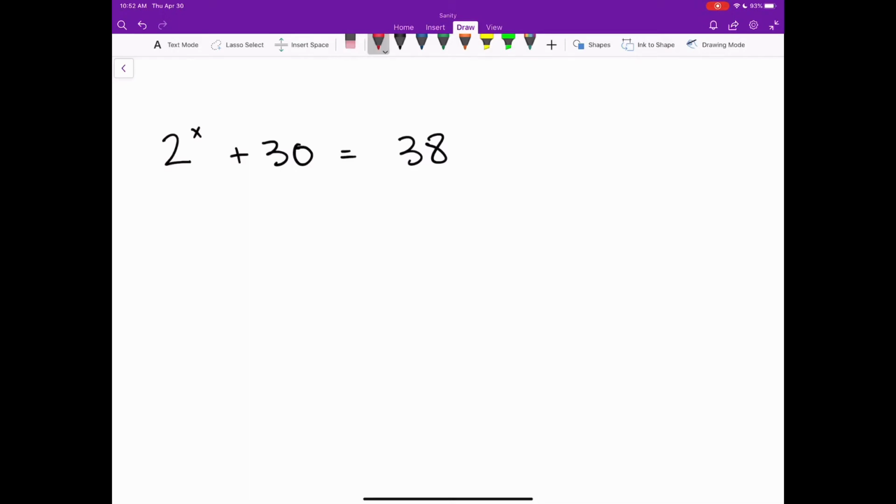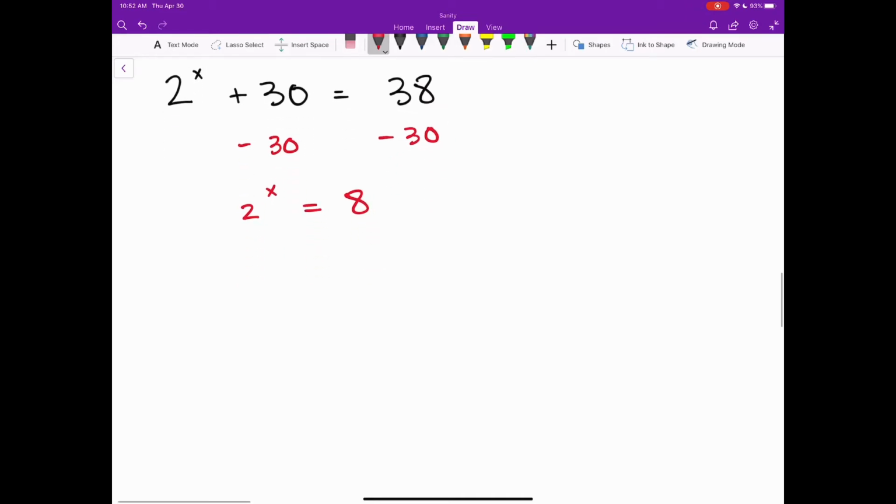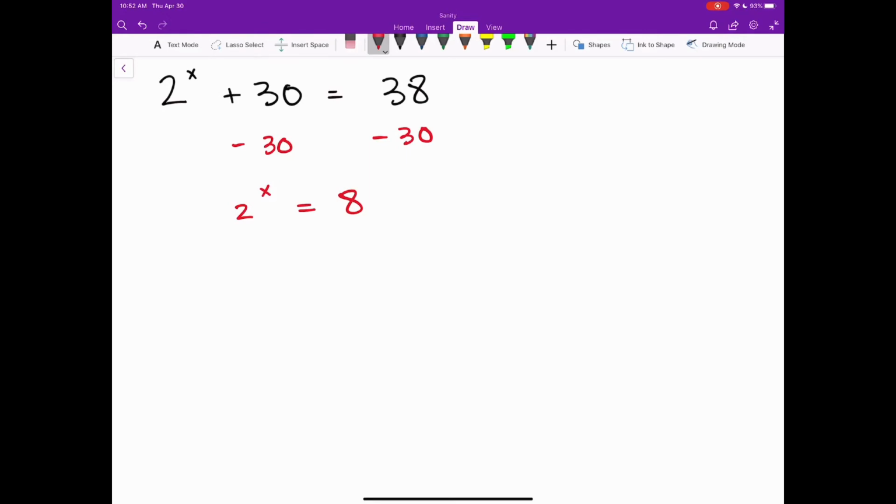So to get rid of that plus 30, I'm going to minus 30 from both sides. And that gets me 2 to the power of x equals 8. If I write this in logarithm form, I'm going to get log base 2 of 8 equals x.